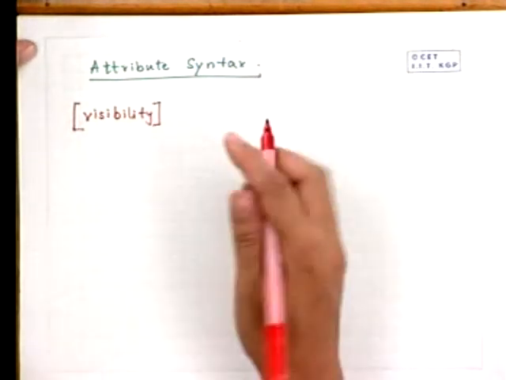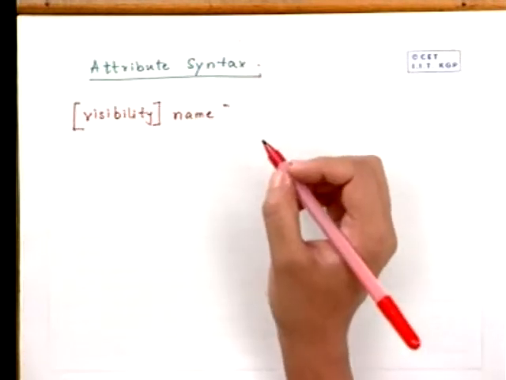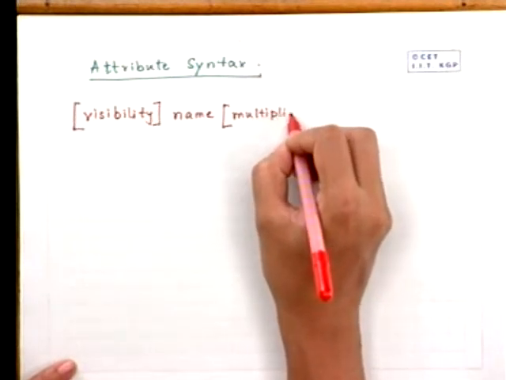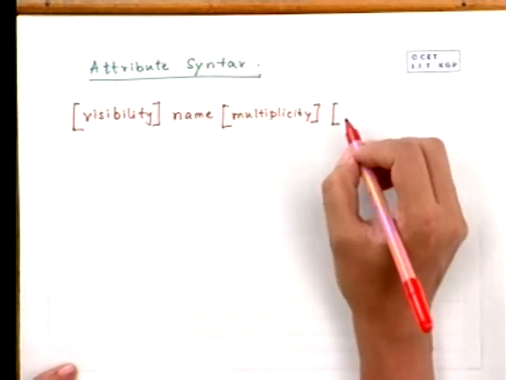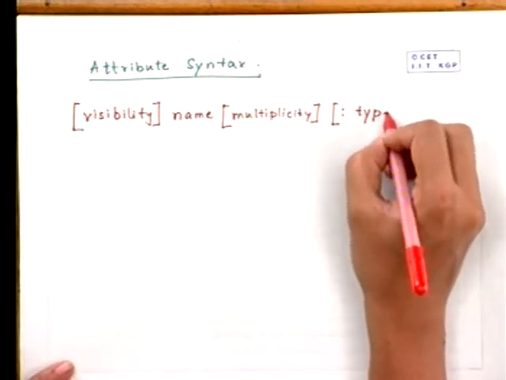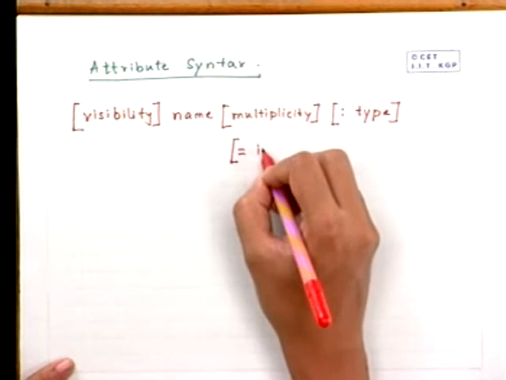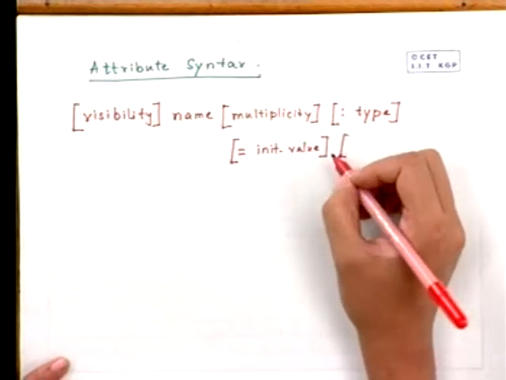Visibility is optional, followed by a compulsory part, which is the name of the attribute, followed by the multiplicity of the attribute, which is optional, followed optionally by the type of the attribute, which is denoted as colon followed by the type name, followed optionally by equal to followed by the initial value of the attribute, followed optionally by a property string within curly braces.